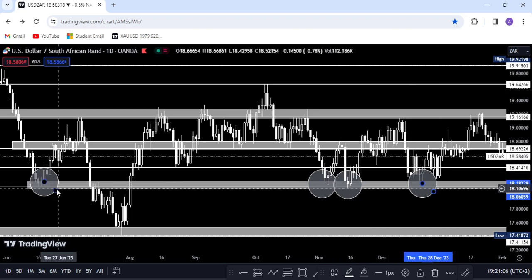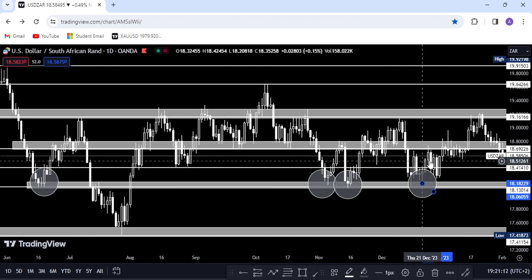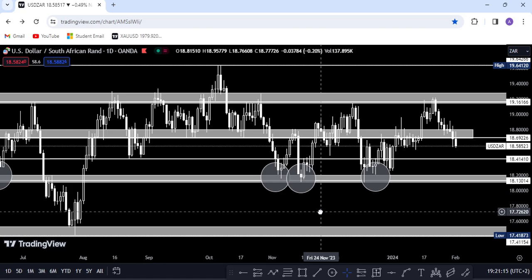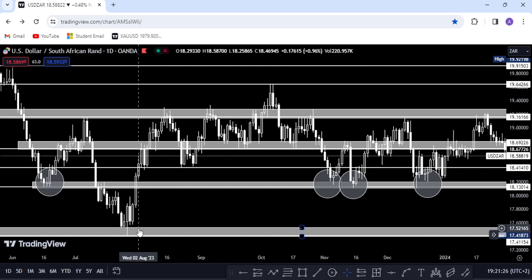So prices bounced here, they bounced here, and they bounced here, as well as here, which now tells me that this is a very strong support compared to the other support that I have marked, which is only this one, which is the lowest point.